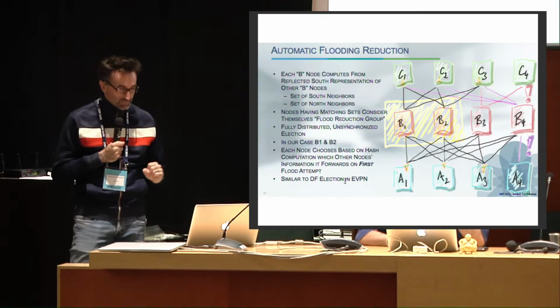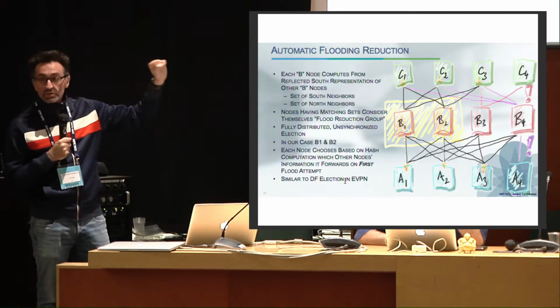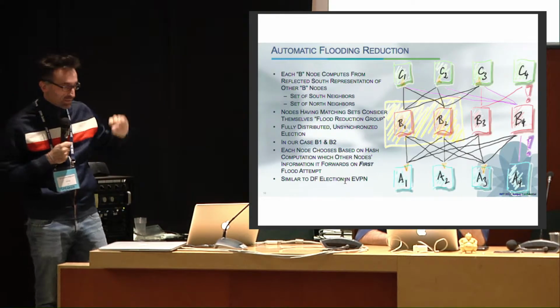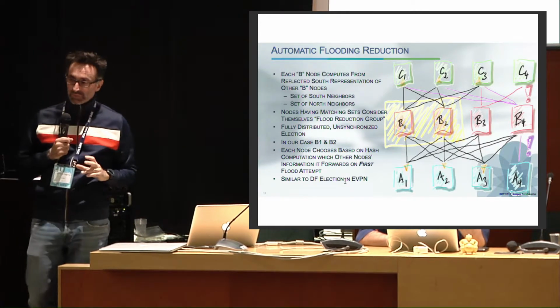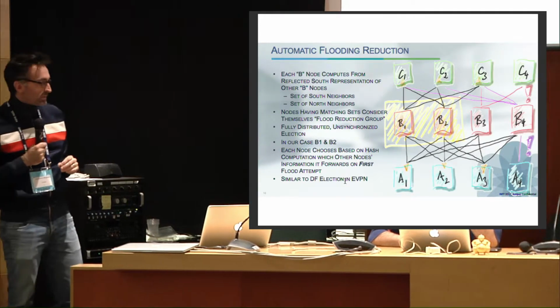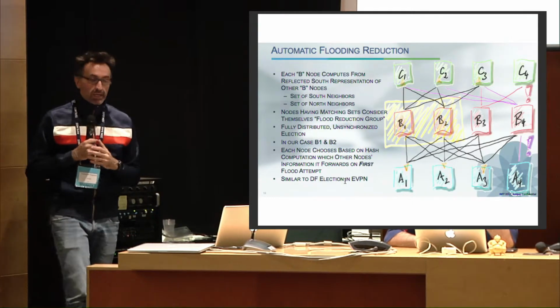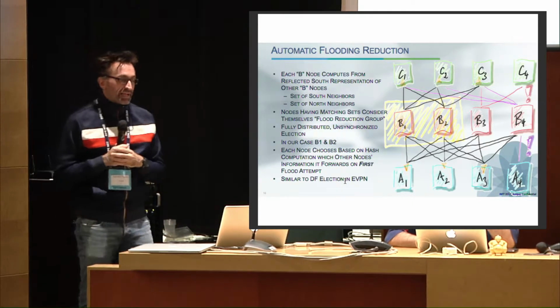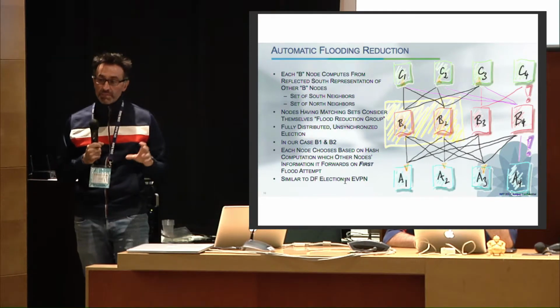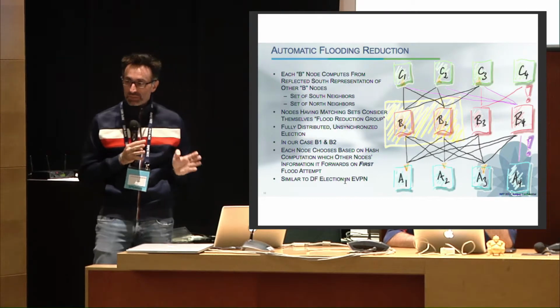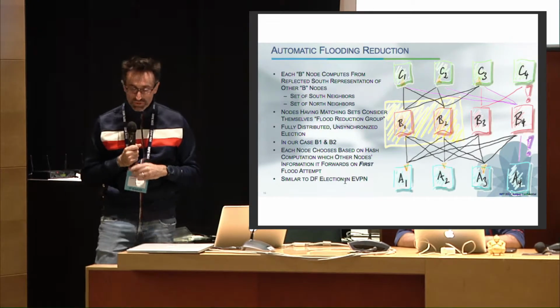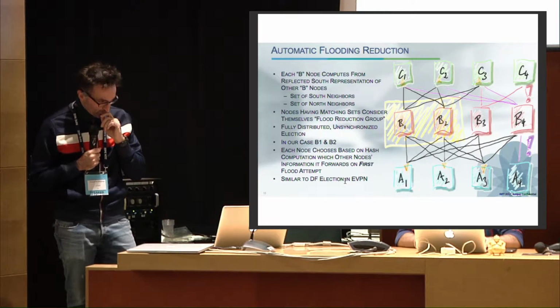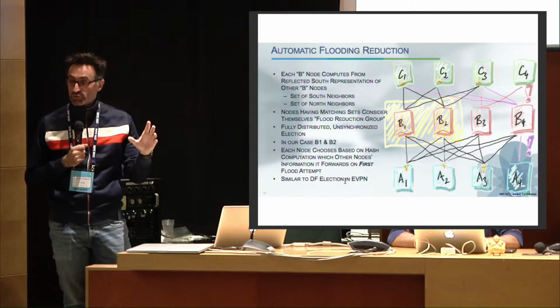If two boxes at the same level have the same set of neighbors, they can start an election process that is very similar to what happens in EVPN when you want to load balance. This election process is done using a hashing function.